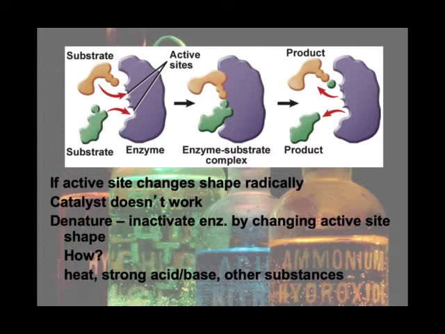Strong acid or base can also do the same thing. When I was growing up, my grandmother used to make this really awesome chocolate cake, and you would have to put some curdled milk in there. Milk has a protein in it called casein, and we never had any milk around our house that would go bad because we drank so much of it.